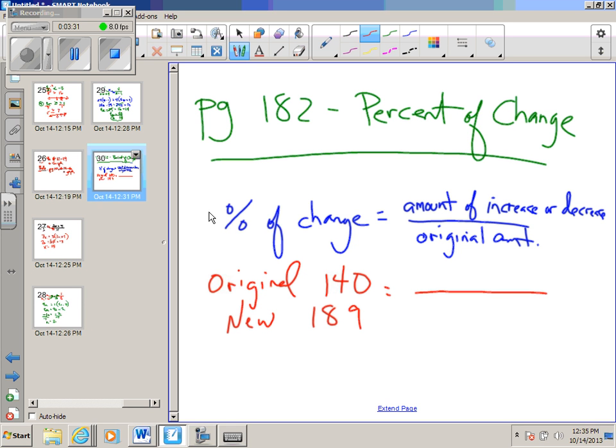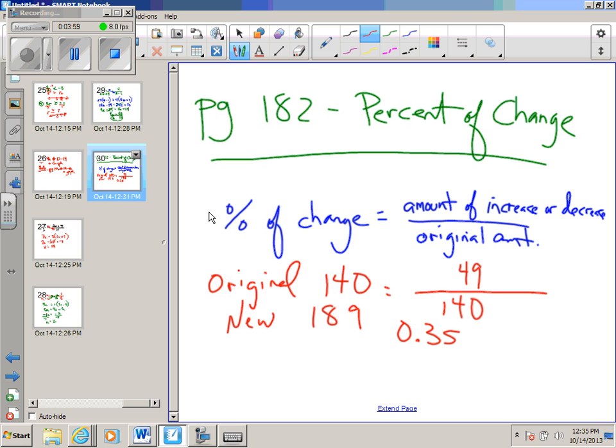Raven. 49. What is the original amount? Okay, so punch in 49 divided by 140. And what do we get? That's a decimal.